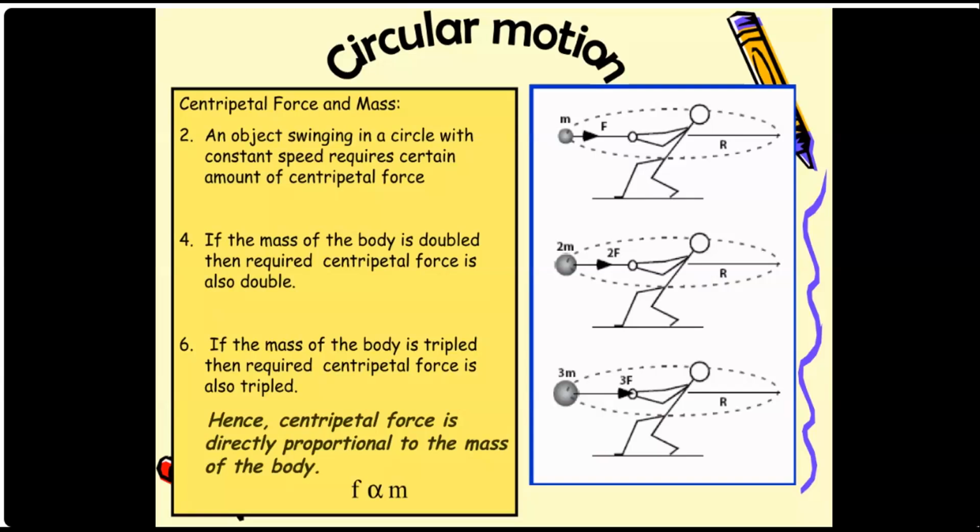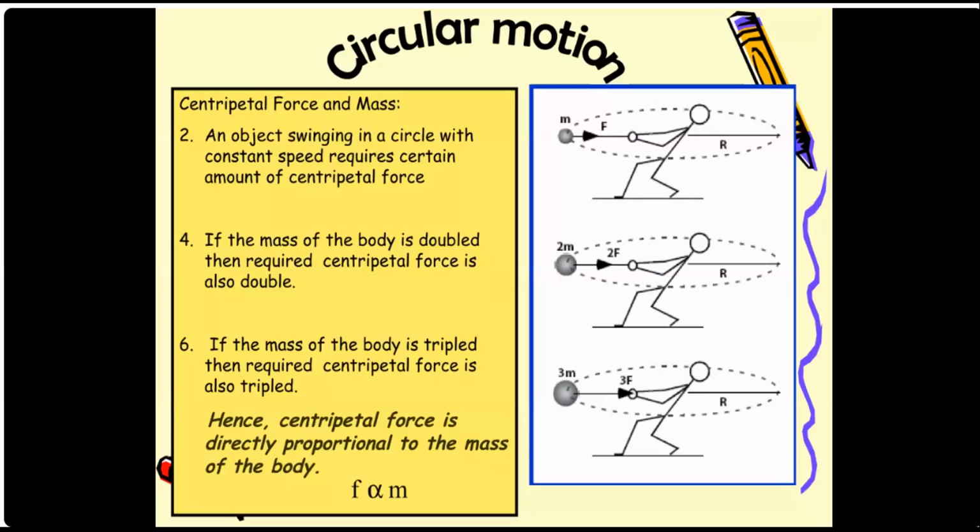Anyway, they're showing you that if you were to double the force, then the centripetal force is doubled, and the speed you will be able to spin it around with is definitely going to increase.